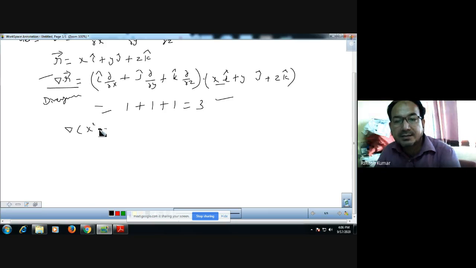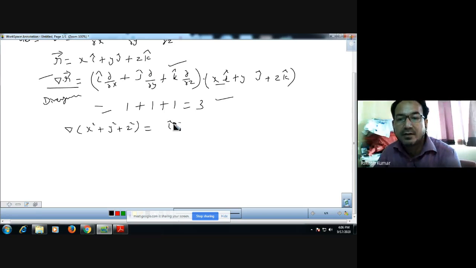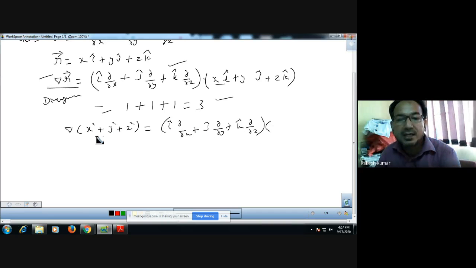Suppose this is x square plus y square plus z square. So this is the scalar quantity we have. We can find out the gradient of this scalar quantity by using the definition of del: i cap del by del x, j cap del by del y and k cap del by del z of this scalar quantity.